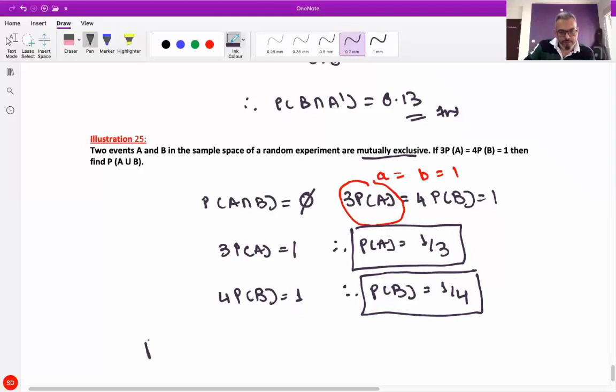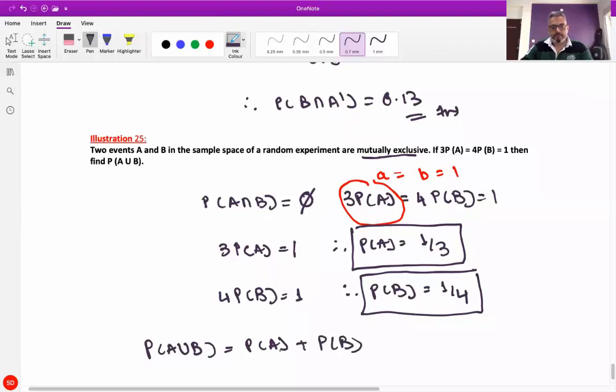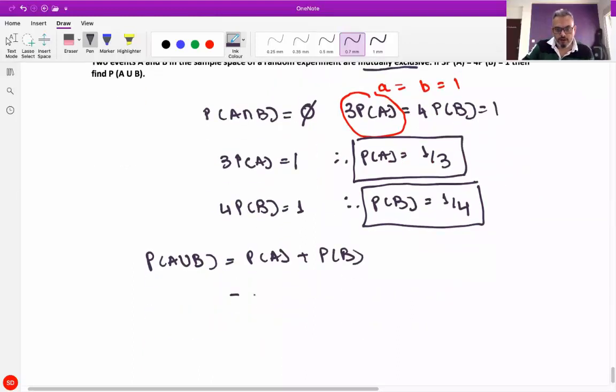Now P of A union B, if they are mutually exclusive, so the formula is P of A plus P of B, which is equal to 1 by 3 plus 1 by 4.